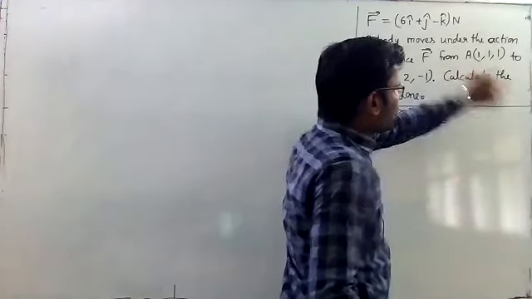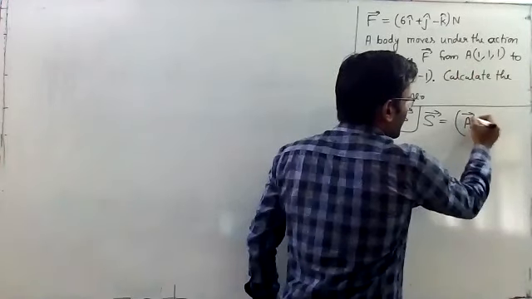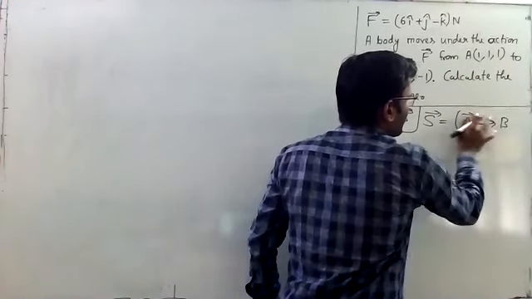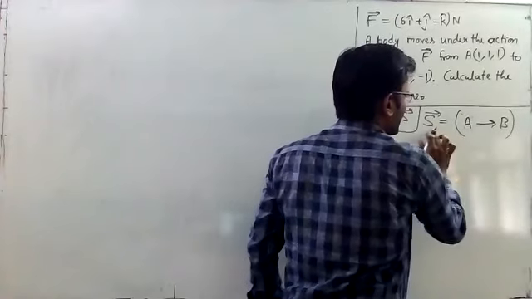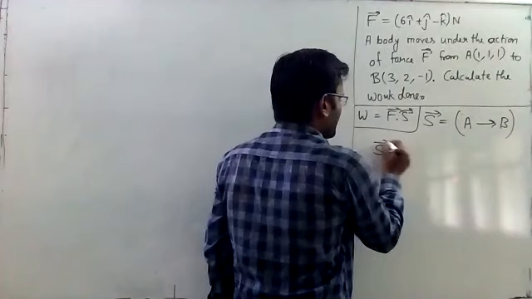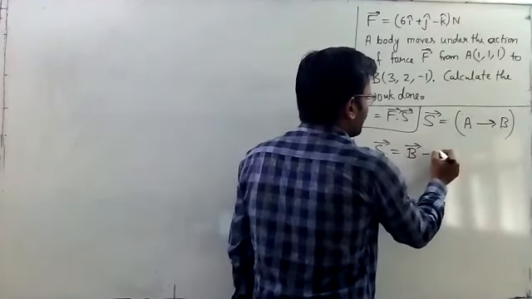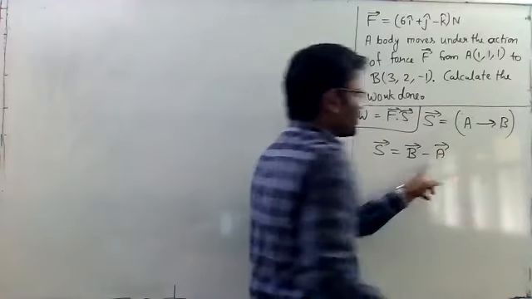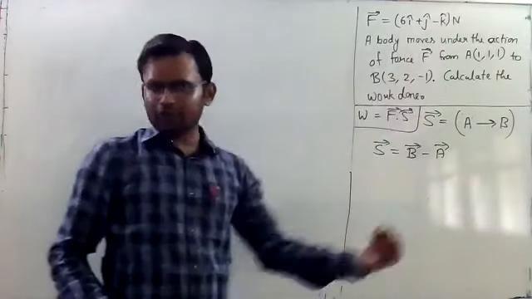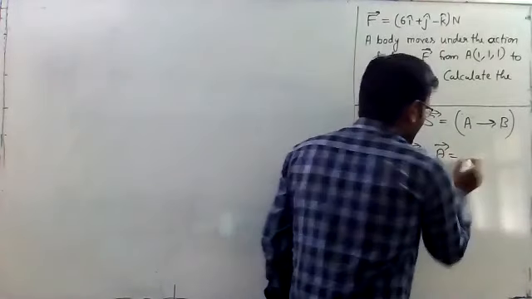It is the motion from A to B. This is the displacement. Displacement is from the point A to B. So what are we going to do? Displacement is equal to position vector of B minus position vector of A. Final point minus initial point is the displacement.